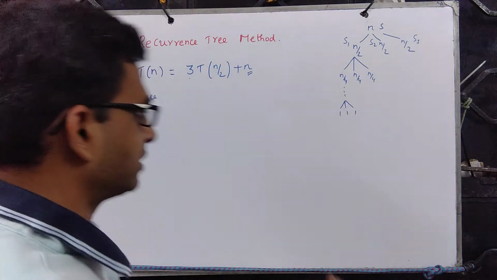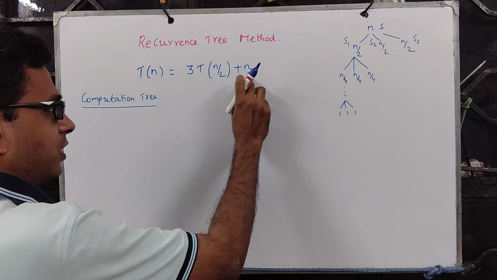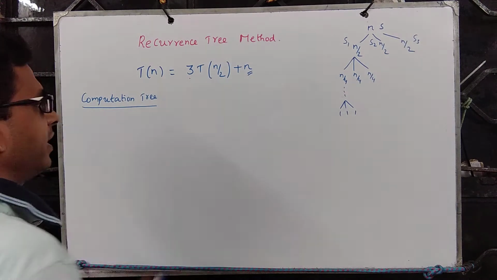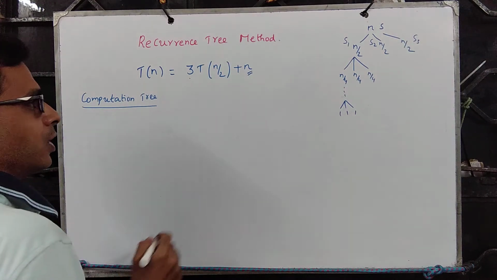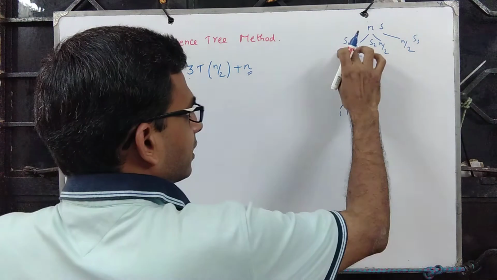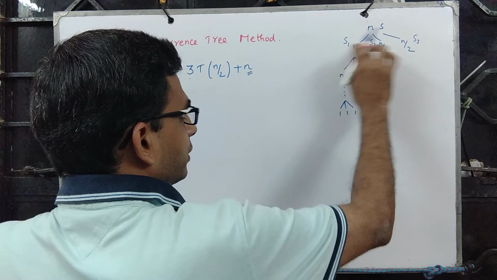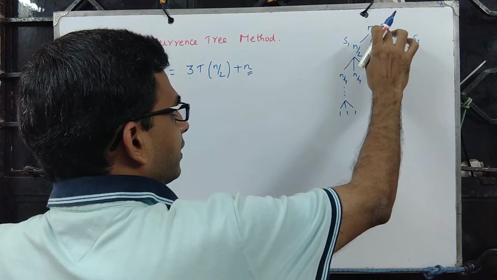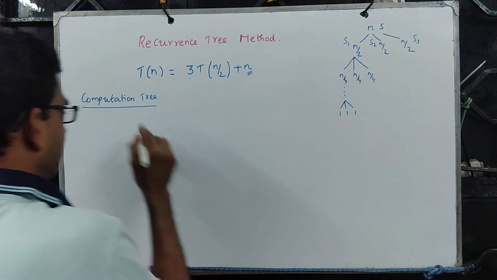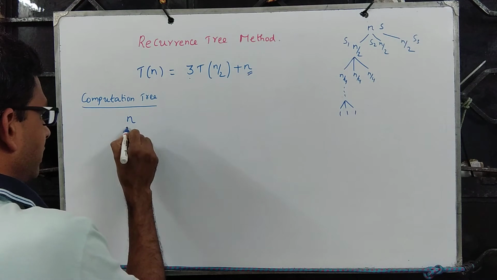You may do some processing and there is a cost involved. That cost is precisely given by this function. So to combine solutions to these subproblems, we incur this much cost. So that comes at the root.